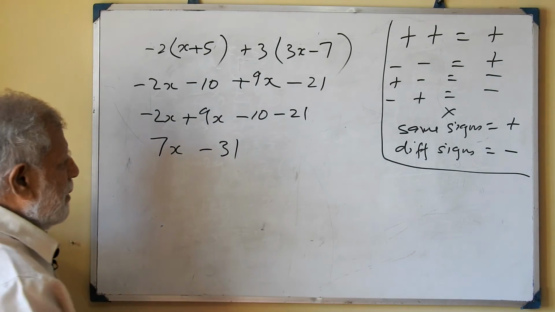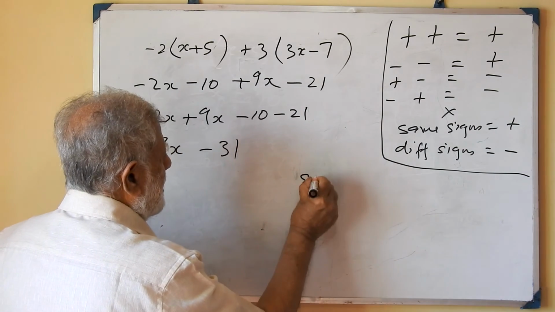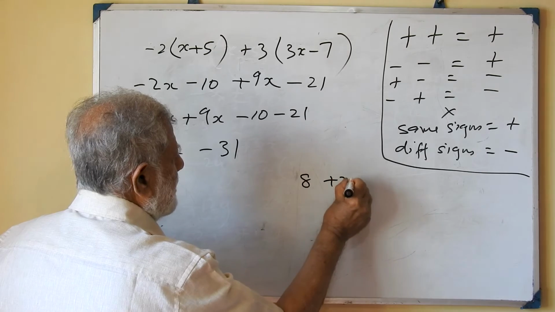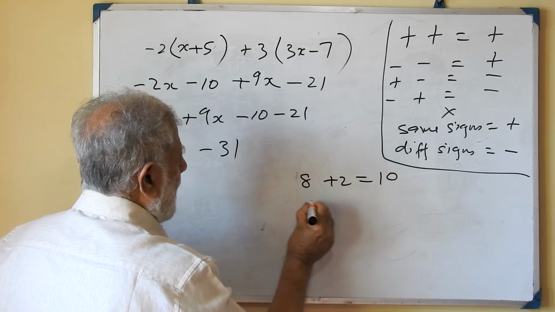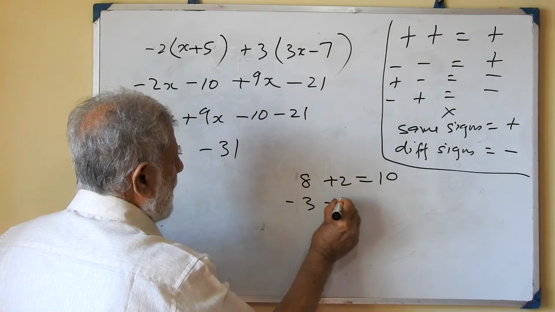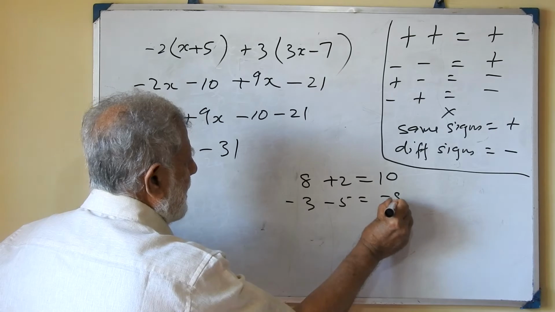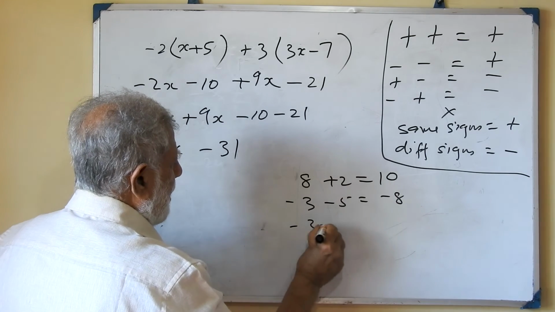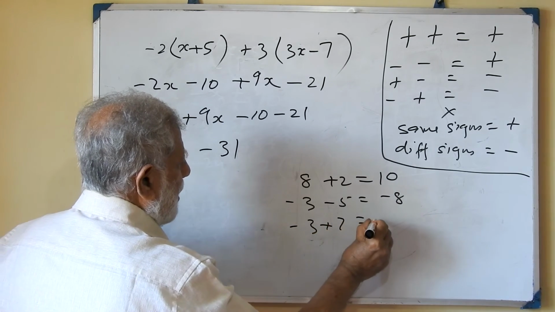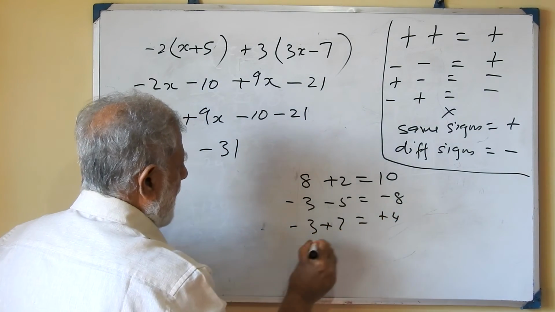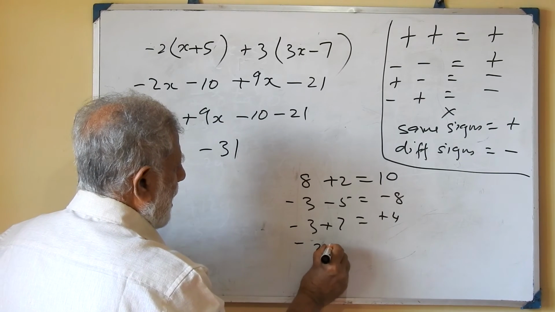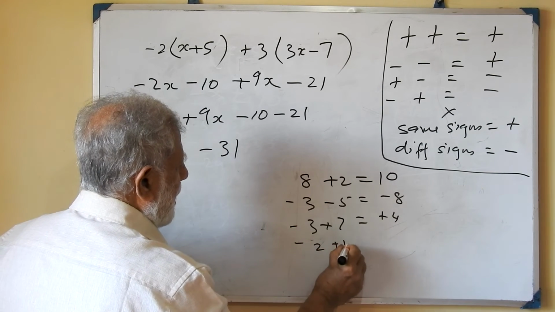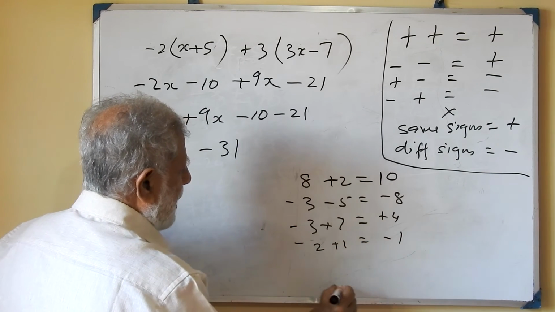So it is better for you to know these rules. Plus 8 plus 2 equals plus 10. Minus 3 minus 5 equals minus 8. Minus 3 plus 7 equals plus 4. Minus 2 plus 1 equals minus 1.